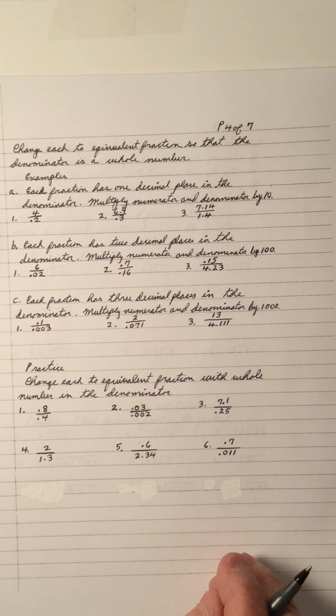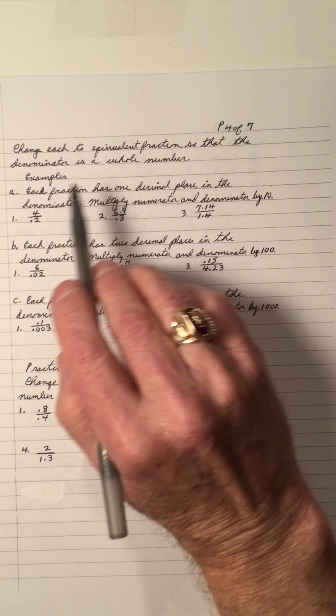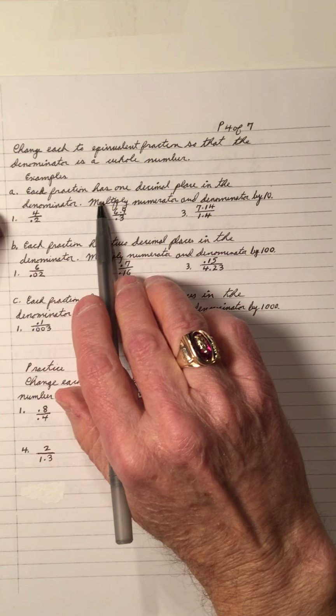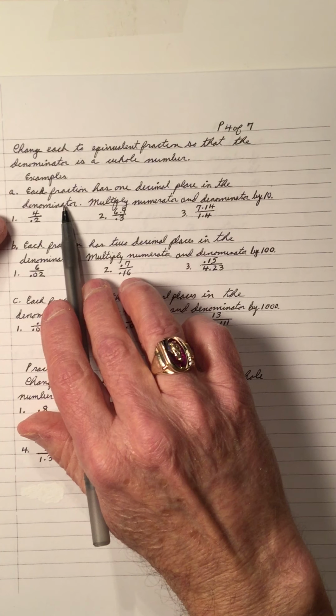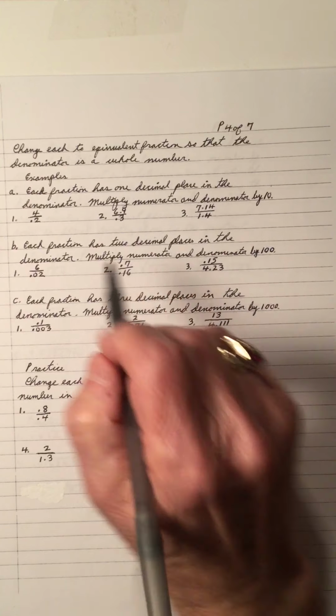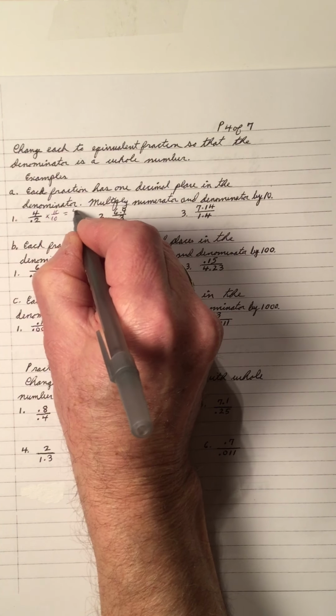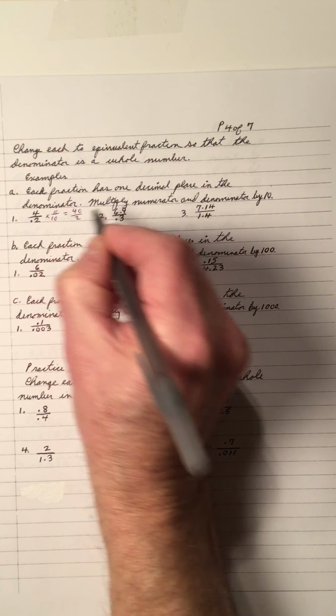Okay, let's continue. Let's change each to an equivalent fraction so that the denominator is a whole number. Each fraction below has one decimal place in the denominator, so we multiply the numerator and denominator by 10. 10 times each of these gives us 40 over 2.